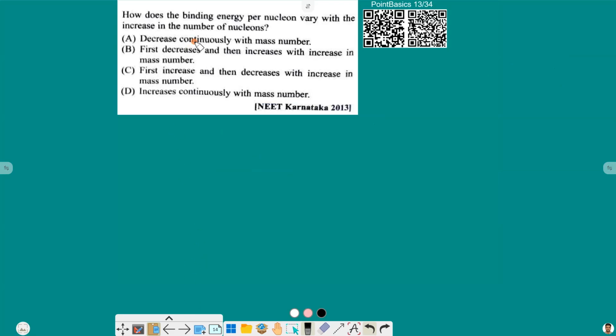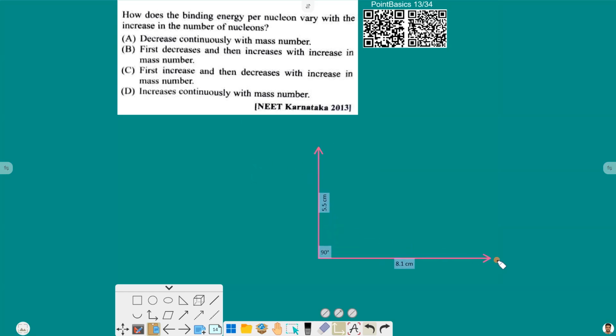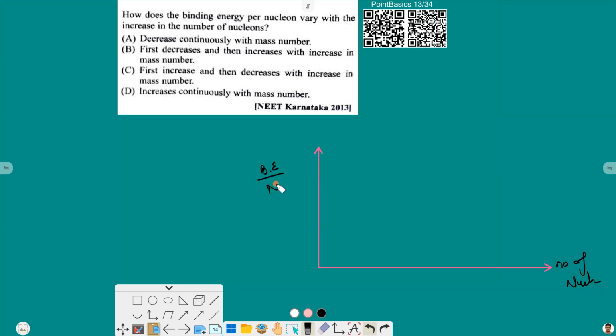In the next one, how does binding energy per nucleon vary with the increase in the number of nucleons? So for this, we have a very simple graph which we can use. Suppose this is the x and y axis. Here we have number of nucleons, and here we have binding energy per nucleon.